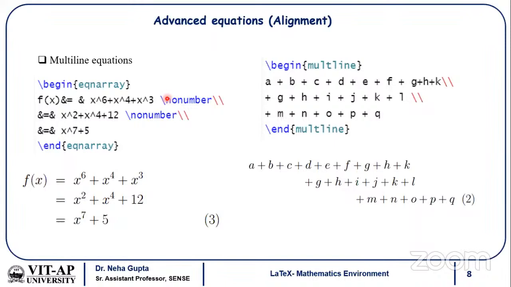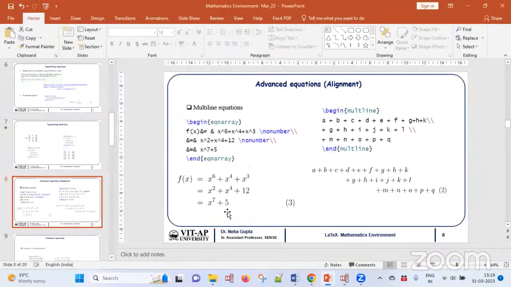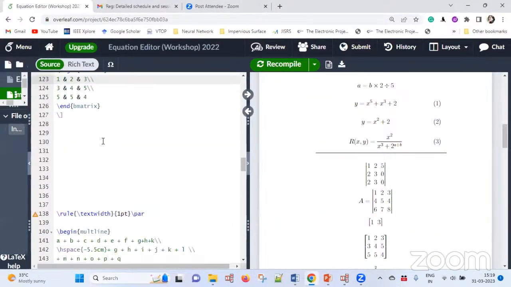Then further, I don't want a number here either, so I have used the command backslash nonumber. For these two, I'm not getting any number. At the end, since I have not used backslash nonumber, I'll get the numbering of the equation, which is mentioned here, the third. Okay, so we'll see this first in LaTeX.